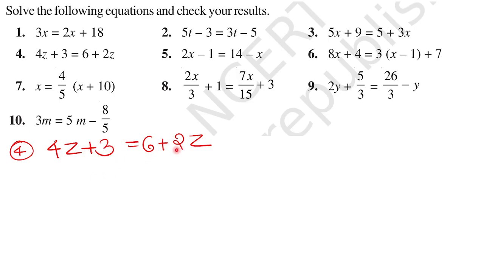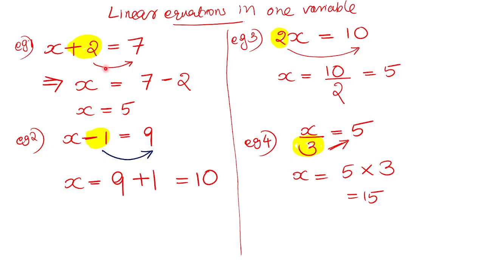The variable should be kept on the left side. This plus 2z, is it a variable? Yes. Remember, never forget, the variable is always kept on the left side. The plus 2z becomes minus 2z on the left side. I have already explained that plus something can be transferred to the other side, but it becomes minus.